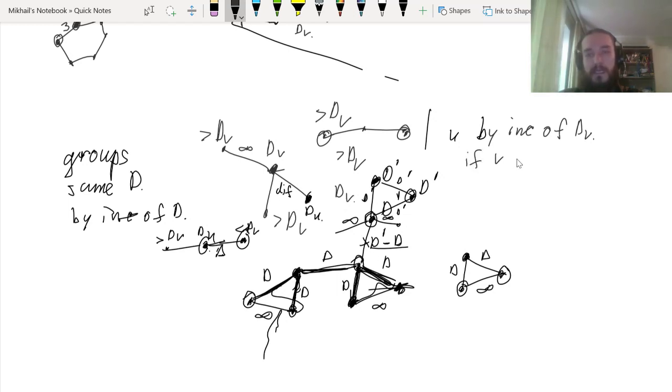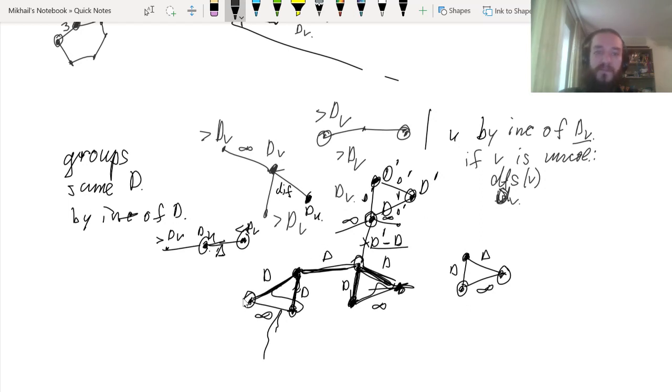So if V is uncolored, then start a DFS at V that only goes to vertices with the same value dv, and what it does is it applies dv to all the edges between these vertices, and only in the spanning tree, and the vertices are colored alternately in the spanning tree.